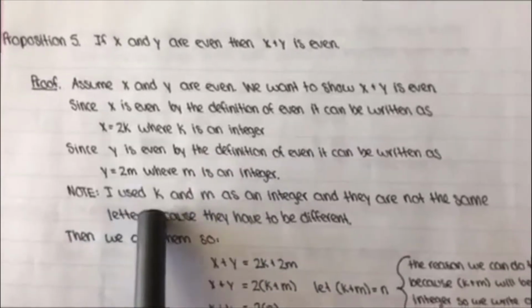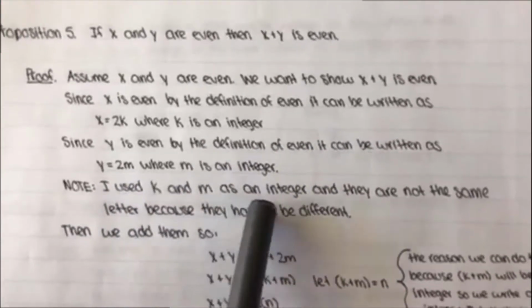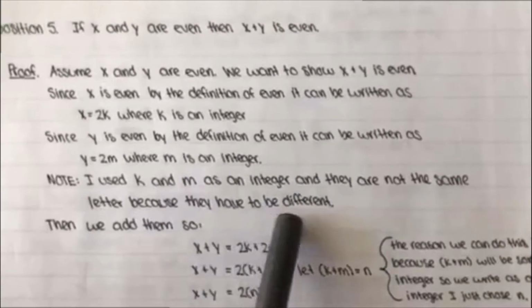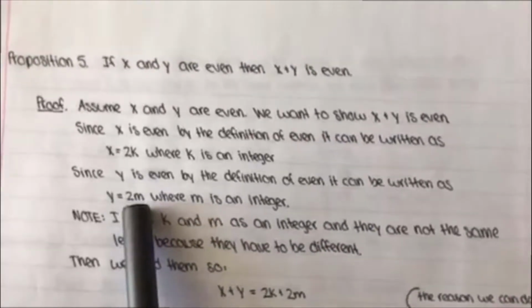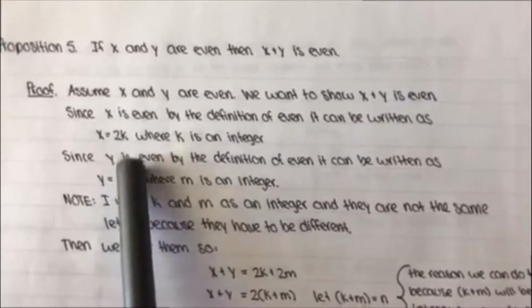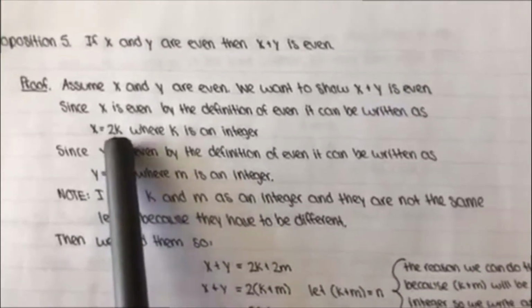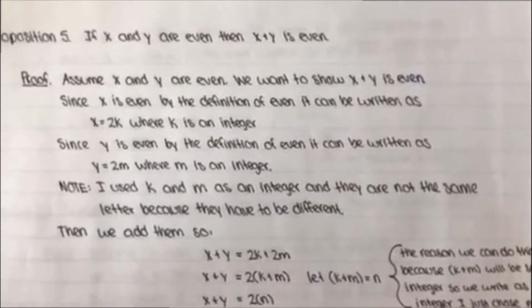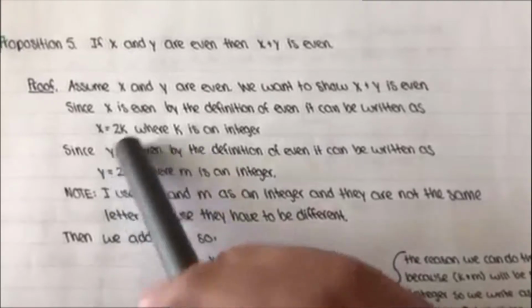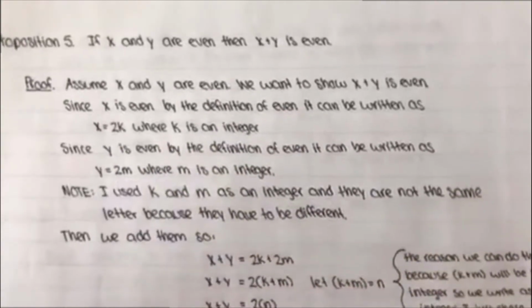Note, I used k and m as integers, and they are not the same letter because they have to be different. I notice I put 2m and 2k. Different integers, different variables, because they cannot be the same. They have to be different because they're different definitions. This is for x and this is for y, so they have to be different.